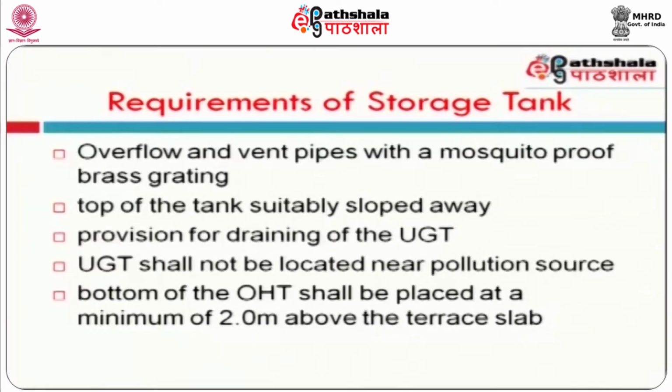So, if the overhead tank or underground tank is exposed to the atmosphere, that will lead to mosquito breeding. Therefore, all openings to the tank should be provided with mosquito proof brass grating, and the top of the tank should have a proper slope to dispose the rainwater.